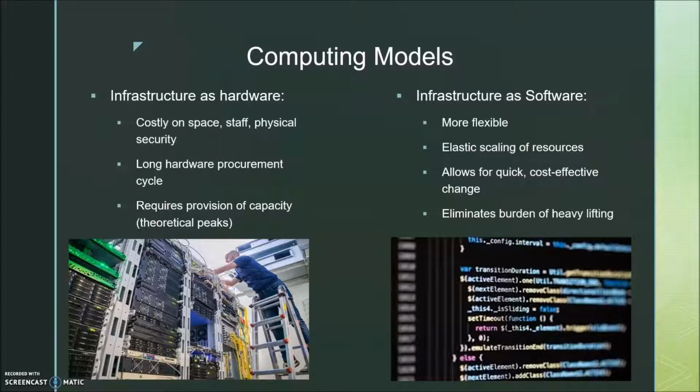It allows for quick, cost-effective change, as it is entirely software-based and removes the need for any hardware that needs to be maintained, delivered, or altered. And it eliminates the heavy burden of lifting, as there is no physical hardware that needs to be lifted.